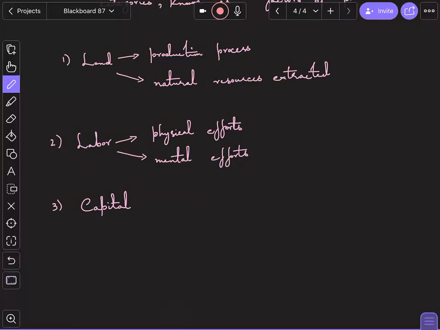In economics, capital is manufactured resources that can be used in the production process.